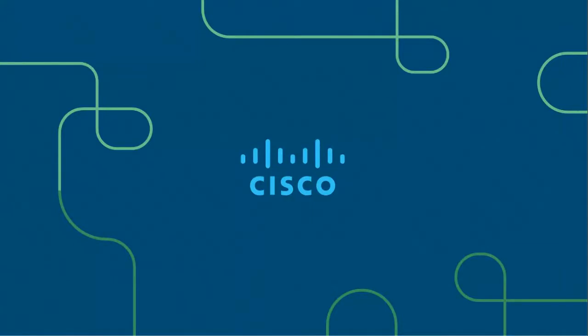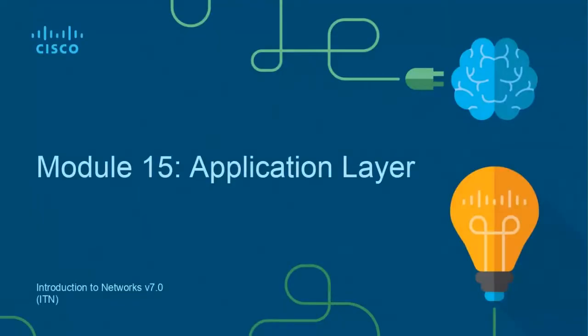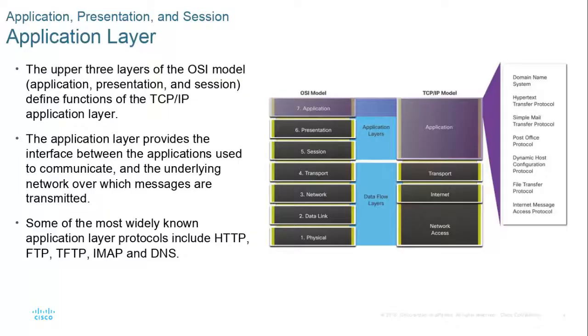There we go. Now we're up to the application layer. In the dreaded, feared, and hated OSI 7-layer reference model, we've got application, presentation, and session. In the TCP/IP model, they're all rolled together into application layer protocols.